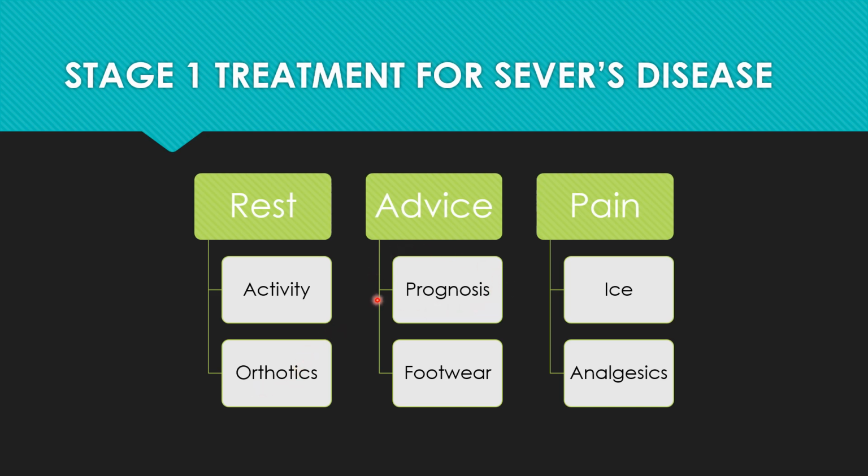Advice, I said that we're treating the parents as well as the child, and really it's very important to reassure parents and the child. The prognosis is good. These conditions always respond to treatment, although it can take several weeks sometimes to get symptoms to a tolerable level.